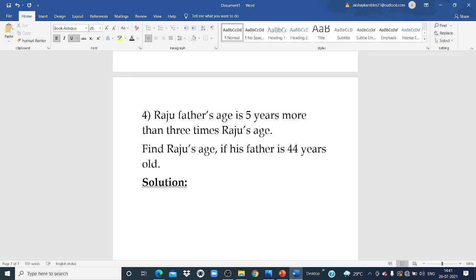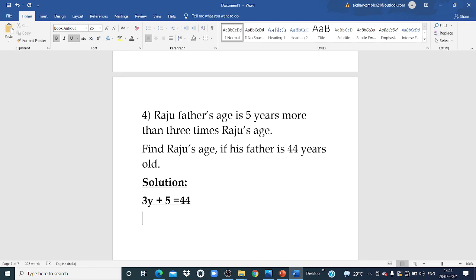Raju's father's age is 5 years more than 3 times Raju's age. We will write the equation directly. Raju's father's age is 5 years more than 3 times Raju's age, so 3 times plus 5 more is equal to the current age, 44.